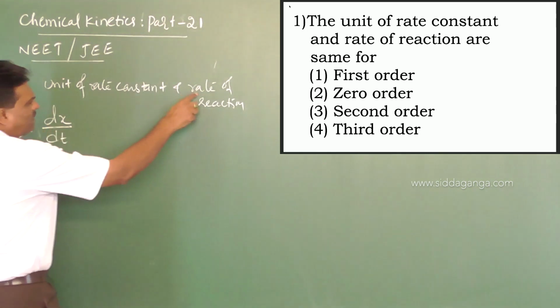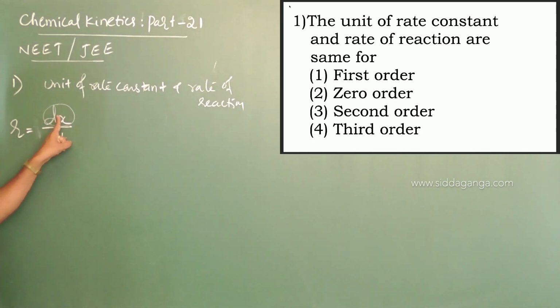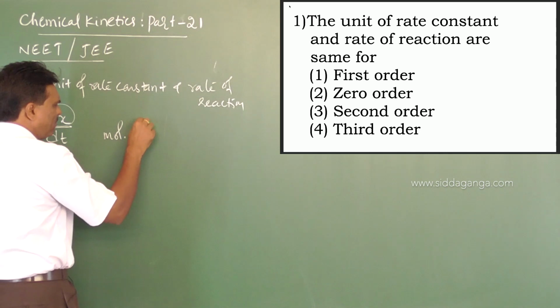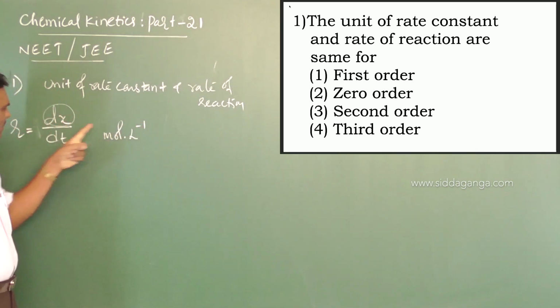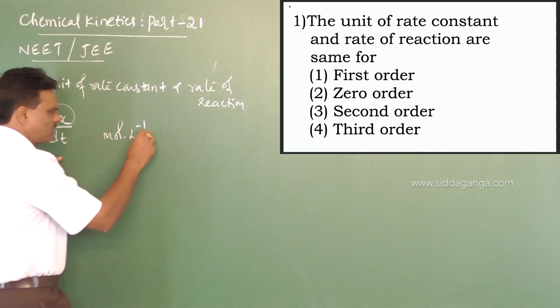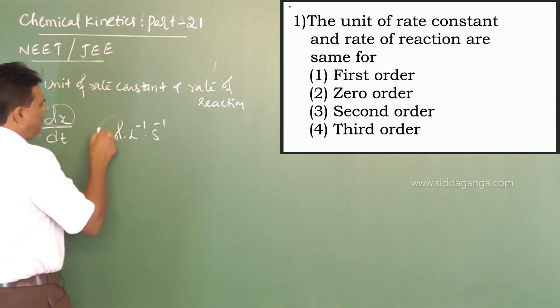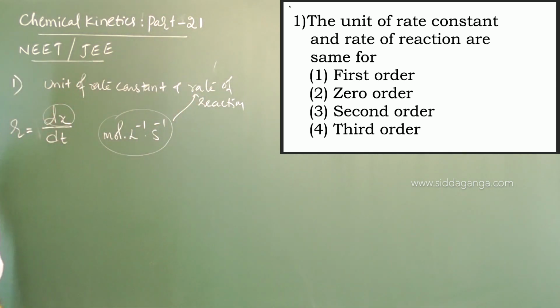So the unit of rate of reaction: this is the change in concentration. Change in concentration is moles per liter. Concentration unit is moles per liter divided by time, so per second. So this is the unit of rate of reaction.